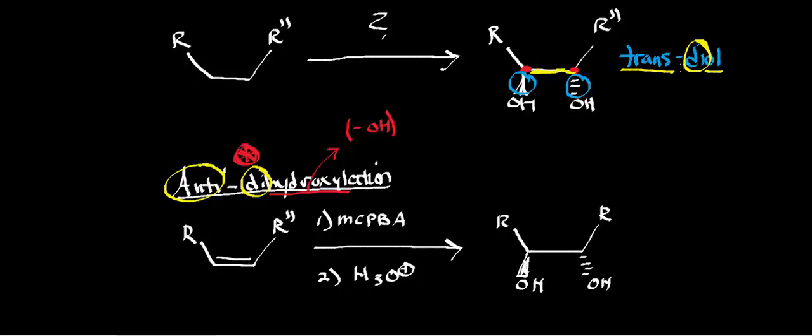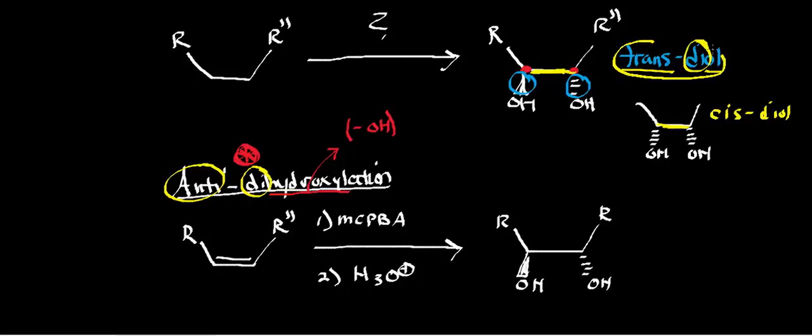The trans, of course, refers to the fact that it came from an anti-addition, meaning that these are on opposite sides of the sigma bond that joins the two carbons. Therefore, it's a trans diol. If for whatever reason you had two that were on the same side of that sigma bond, then this would actually be a cis diol. Whenever you do have an anti-addition such as this, you term the product a trans diol.